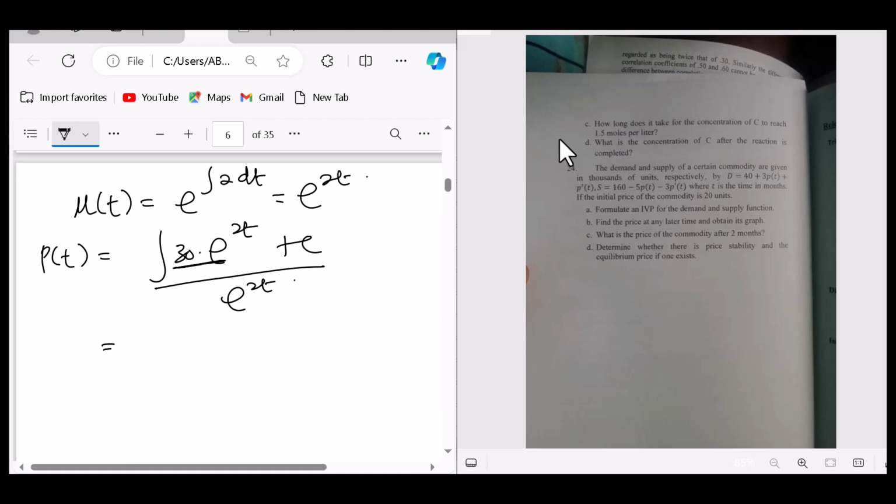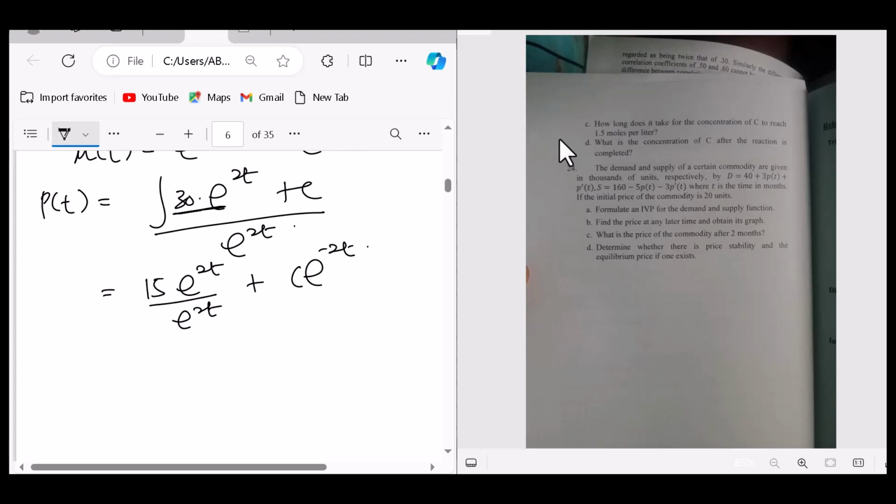Integrating this part, that will be 15 e^(2t) over e^(2t) plus c e^(-2t). I just distributed this over the terms, and I get 15 plus c e to the power negative 2t. That's our P of t.